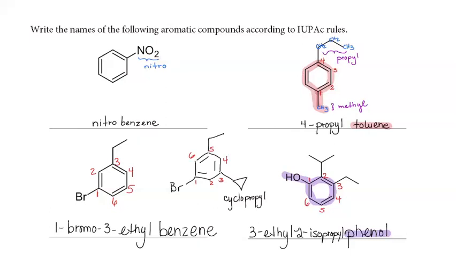So it's still 1-bromo, 3-cyclopropyl, 5-ethyl. So it depends. Because we also learned in this class earlier that if the numberings are going to be the same in either direction, then alphabetical order is what breaks the tie.